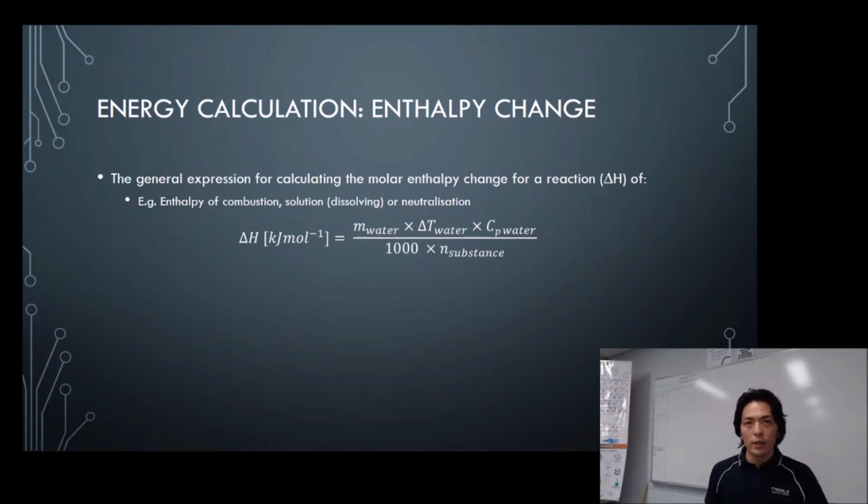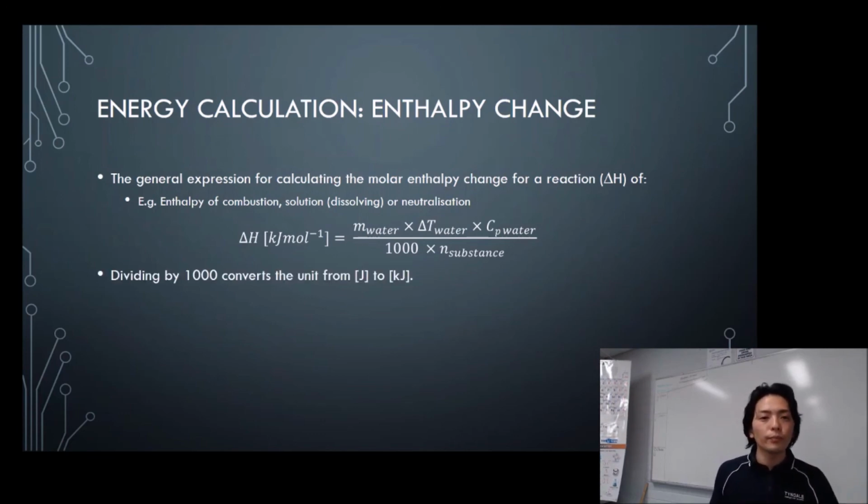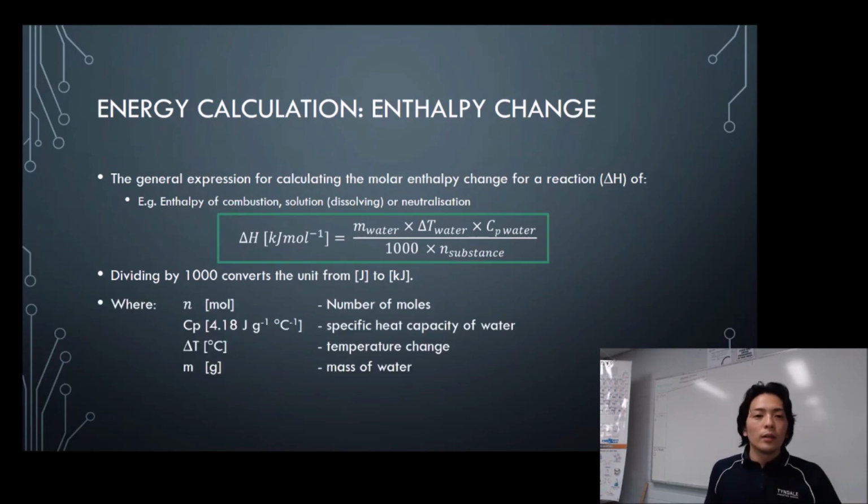And n is the number of moles of substance that was used, either dissolved or burned or neutralized. Dividing by 1000 converts the unit from joules to kilojoules. Those are the specifications of all the letters and their meanings.